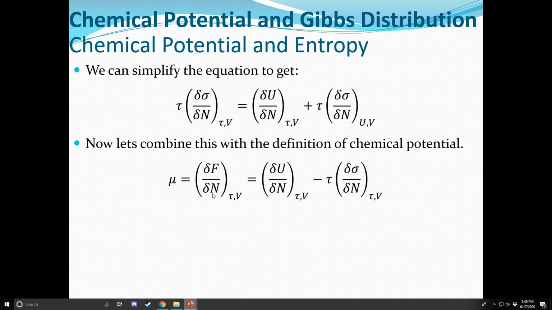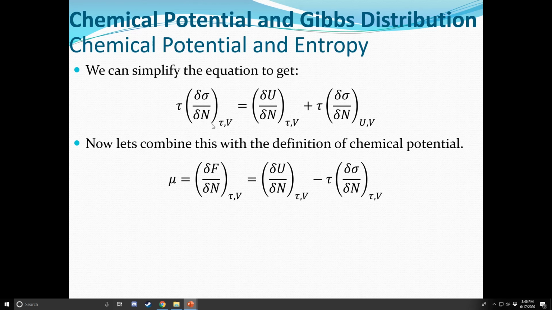So this partial derivative with respect to n can be distributed between those two terms to get us this. Comparing these equations, we can already see that we have the du dn up here. We also see that we have the tau d sigma over dn right here.